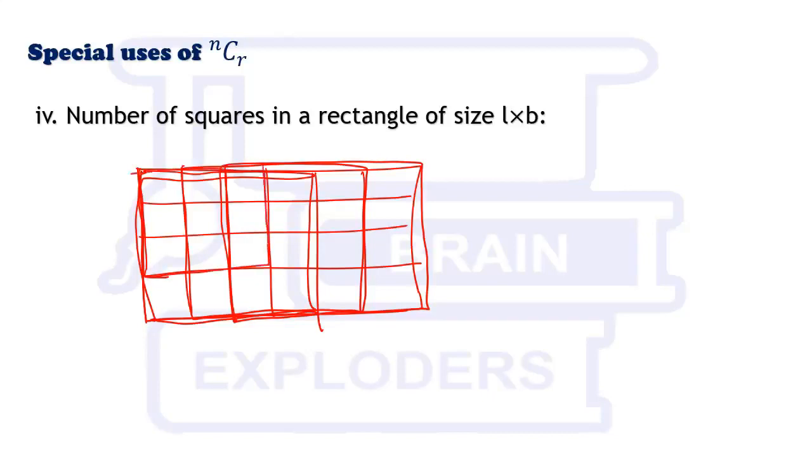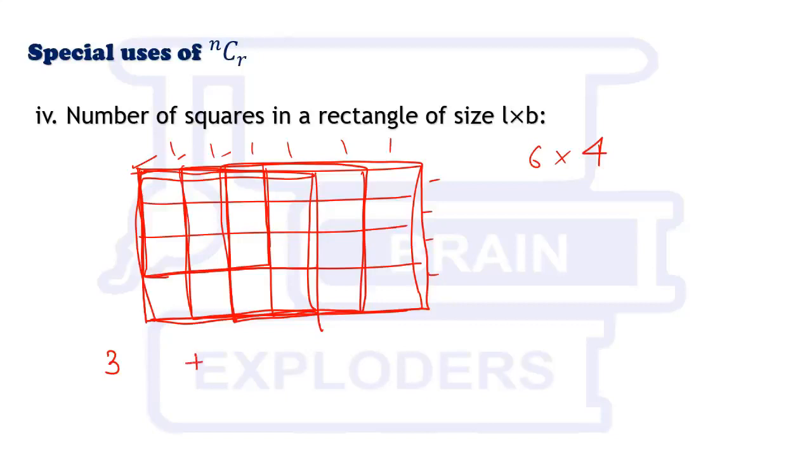How many of such squares can be taken from here, then here, then here? Take this particular case of 6 by 4. How many squares of size 4 can be selected? Just 3, as we have just seen.